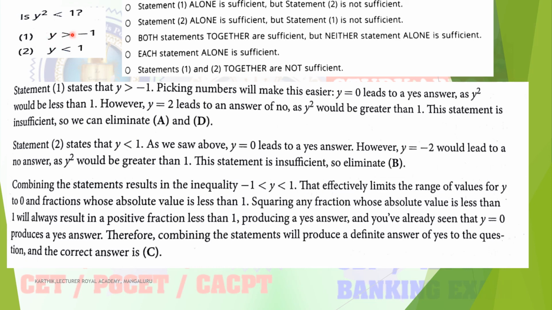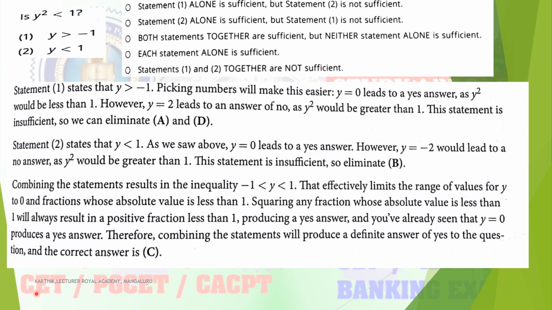From the first statement, y is greater than minus 1, so you can take 0, 1, 2, 3, 4, any value. If you choose 1, then 1 square is 1, so it does not satisfy the condition. If you choose y equal to 0, it satisfies the condition. Two different answers we are getting from the first statement.